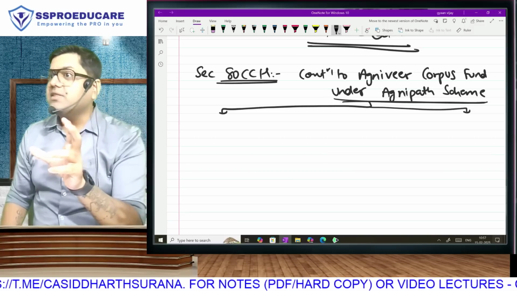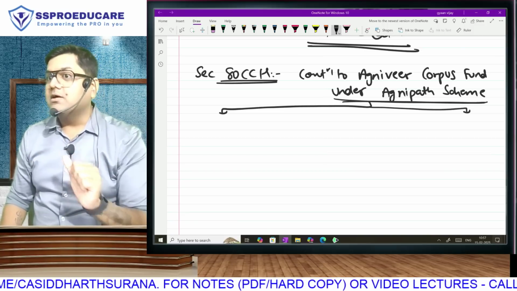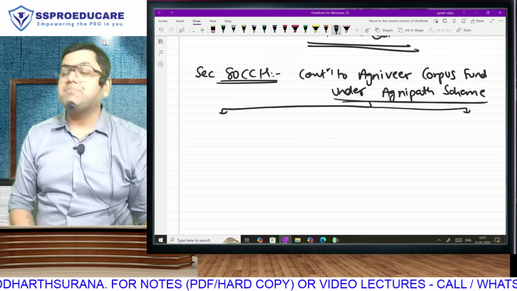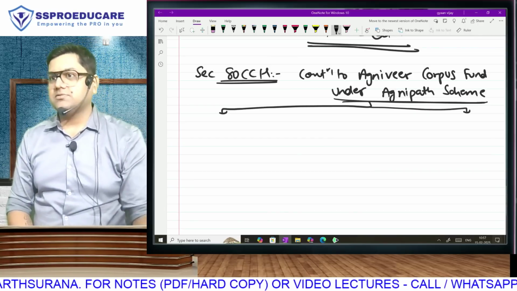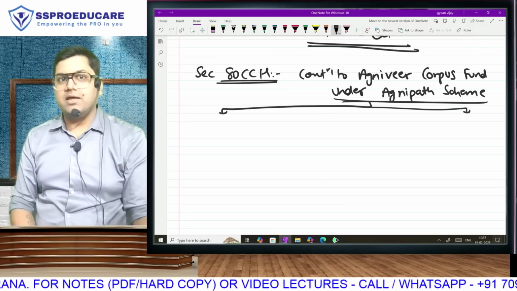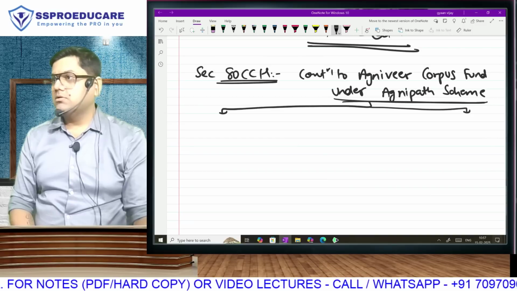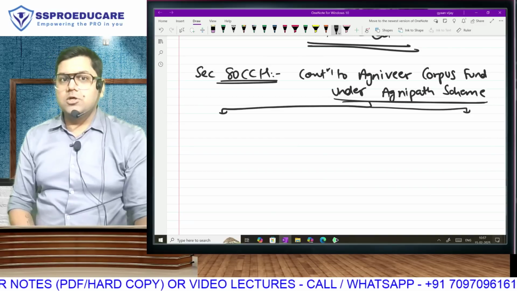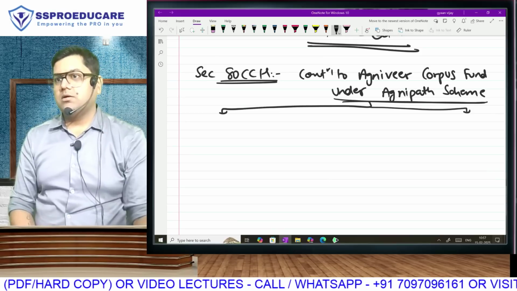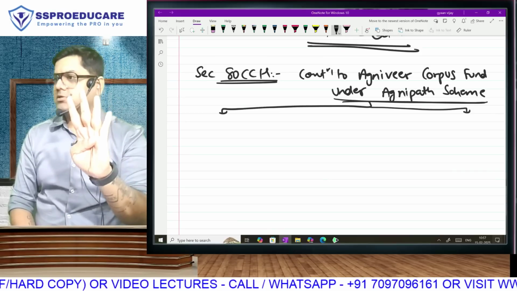Youth between the age of 17 to 21 will have to enroll in a scheme called Agnipath scheme, and these people will be known as the Agniveers. You have to enroll in the scheme as Agniveer. Everyone is with me? You will be getting some training and then you will be getting a posting in the army for 4 years.